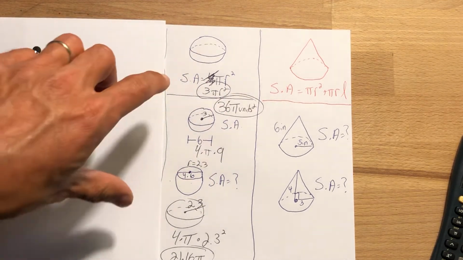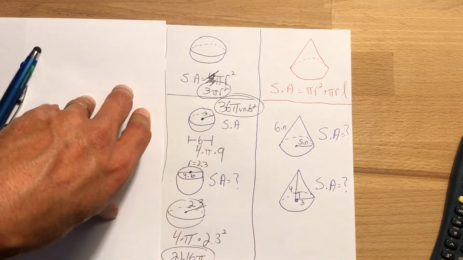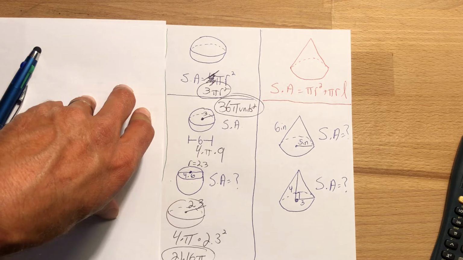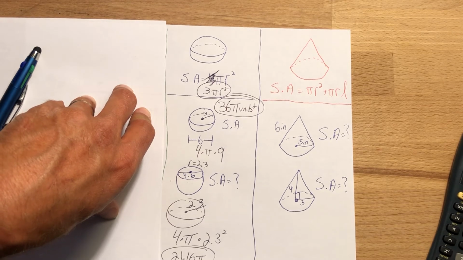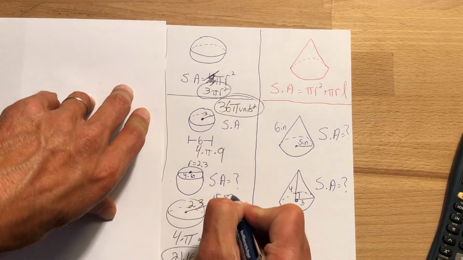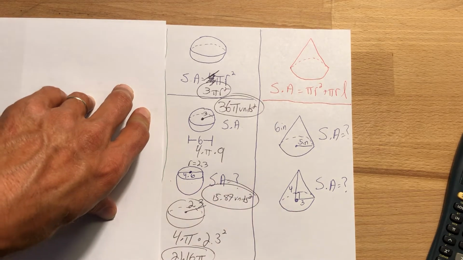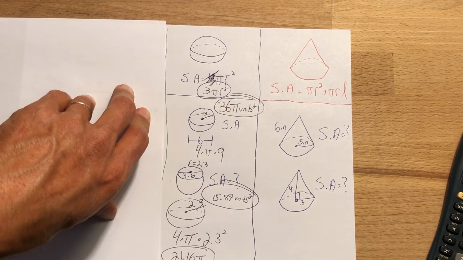So the surface area of a hemisphere is always 3 pi r squared. So if I were to do that, I would do 2.3 squared times 3, which is going to give me 15.87 units squared. That is the surface area of a hemisphere.